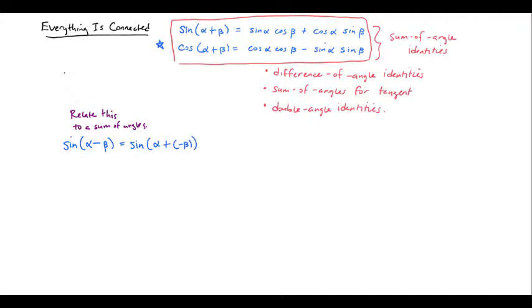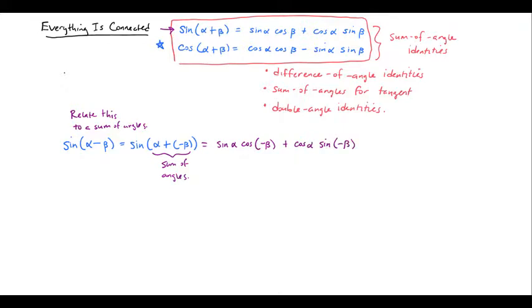And then just like that, I have a sum of angles, which means I can now use this sum of angles rule for sine. So I'm going to write that down. This is going to give me sine of alpha times cosine of negative beta, because the two angles I'm adding are alpha and negative beta, plus cosine of alpha times sine of negative beta.